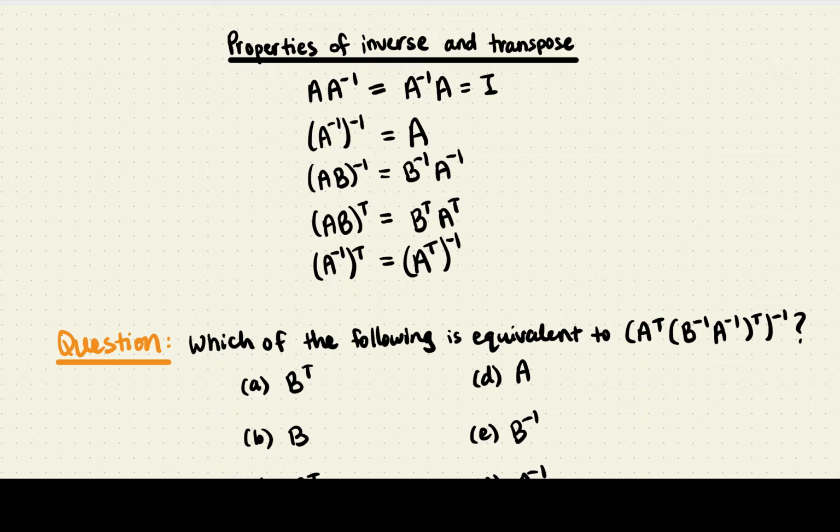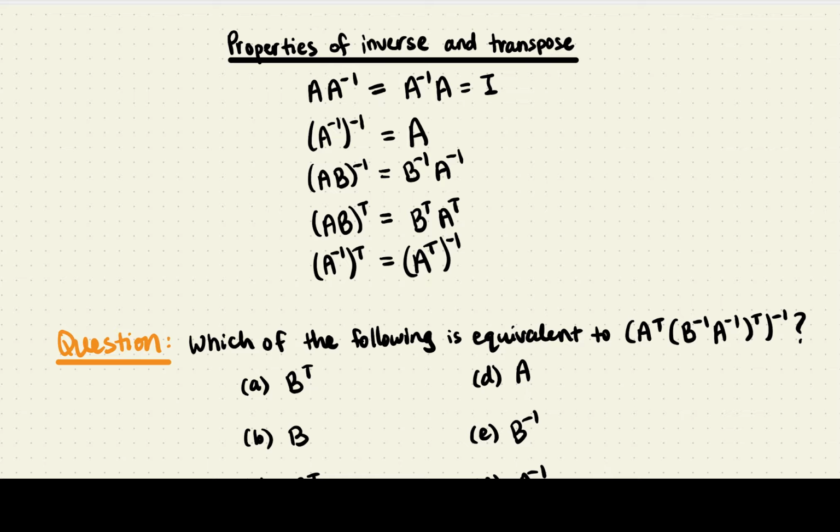Another way of thinking about this as a side note is that if I had A transpose and I wanted to know what the inverse of that was, that's actually equal to A inverse transpose. So you're able to swap that transpose and inverse. Okay, that's how we'll use it anyways for this example.